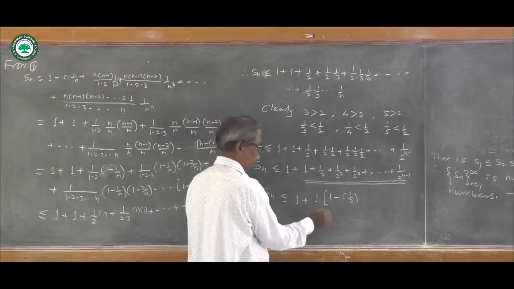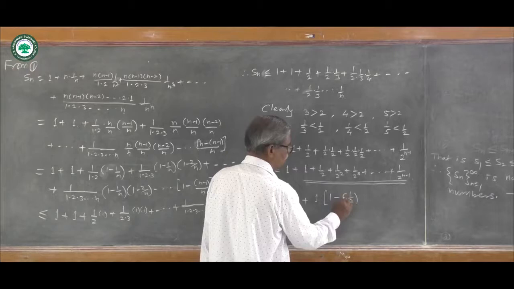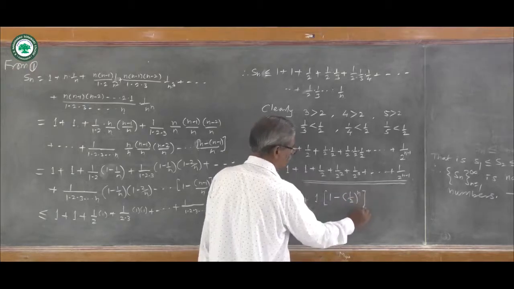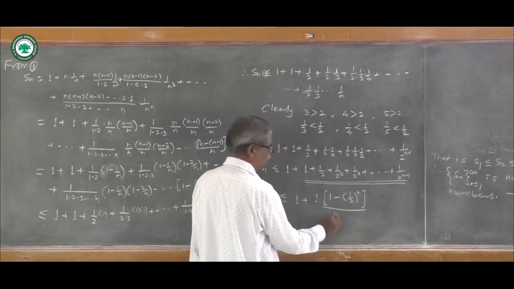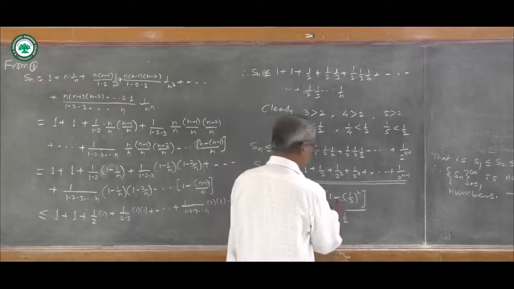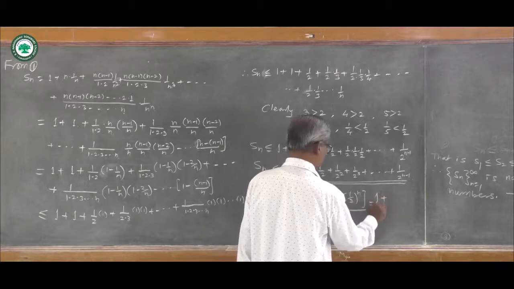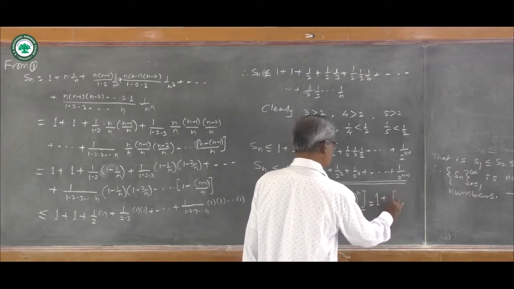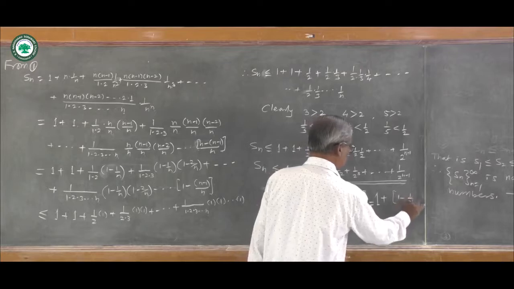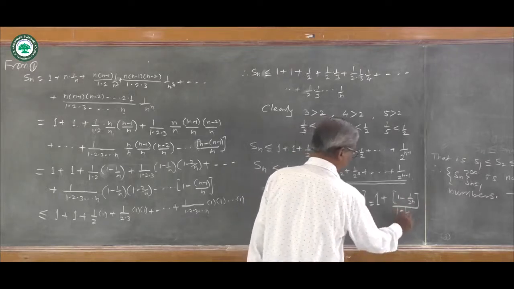So these are n terms: 1 minus 1 upon 2 to the power n upon 1 minus common ratio, that is 1 minus half.